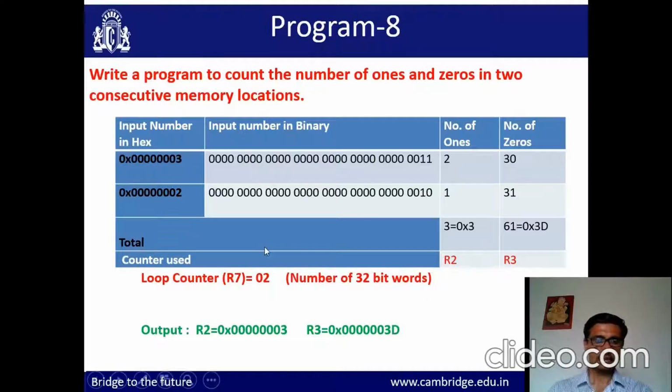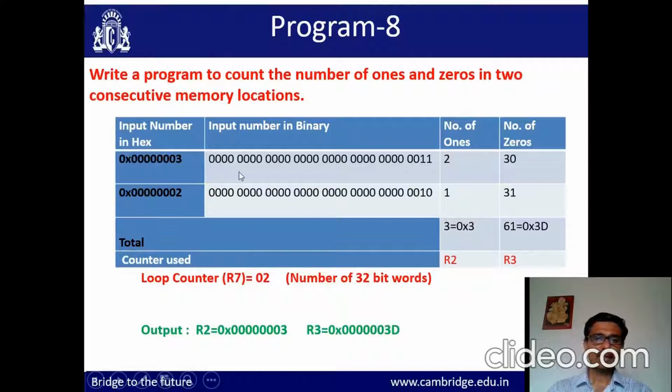Here we use different counters. Since there are two memory locations, we have to fetch the data one by one. For that, we use the counter R7, and it is initialized with 02 because there are only two 32-bit words here.